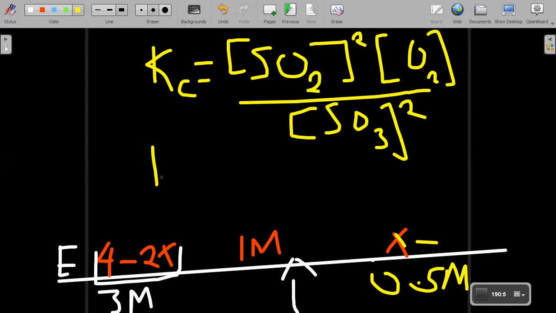So from there, our Kc is going to be equal to what? Sulfur dioxide. So sulfur dioxide, we have what? We have the 1 at final concentration.